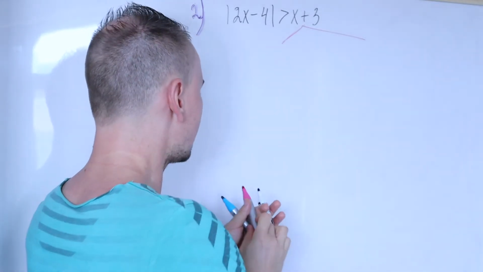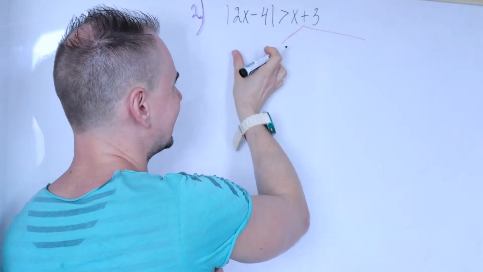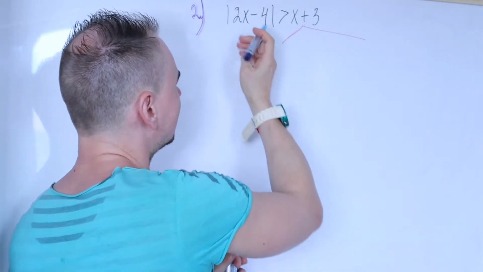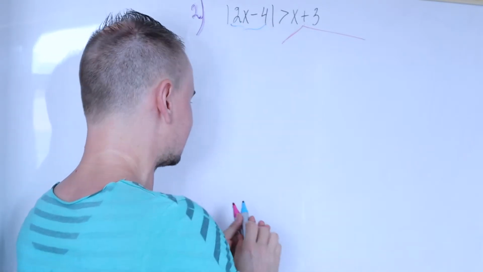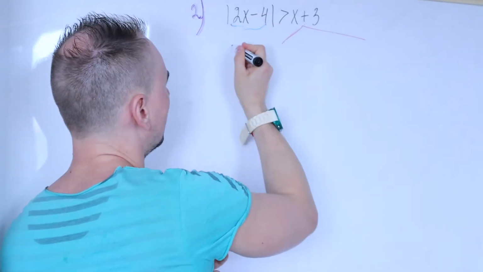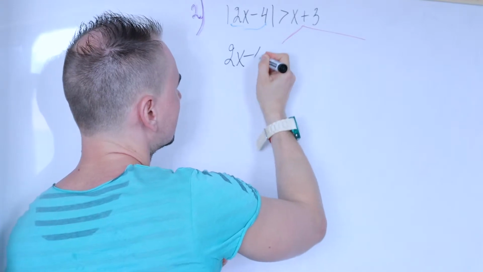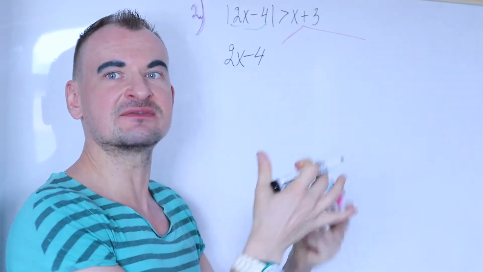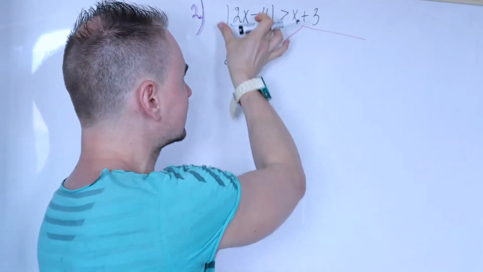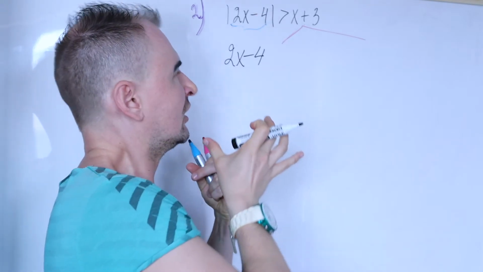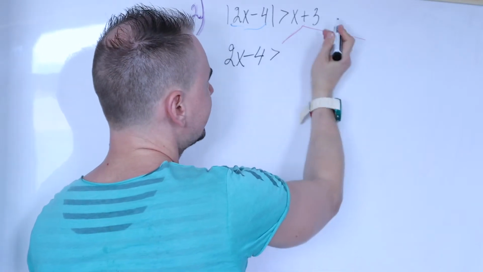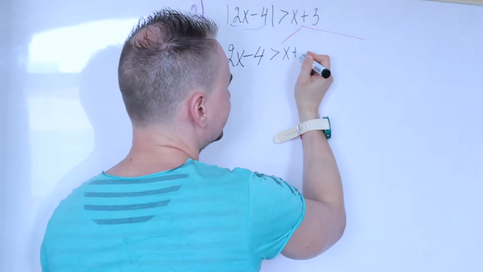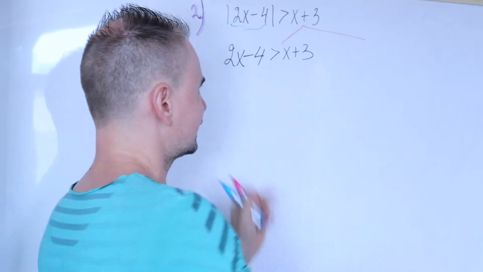So the first one comes just by taking whatever you have inside of your absolute value bars. In this case it's 2x minus 4. So basically we are taking this with a positive sign. It's a positive version of whatever you have inside, and you keep your sign and the right side as is.